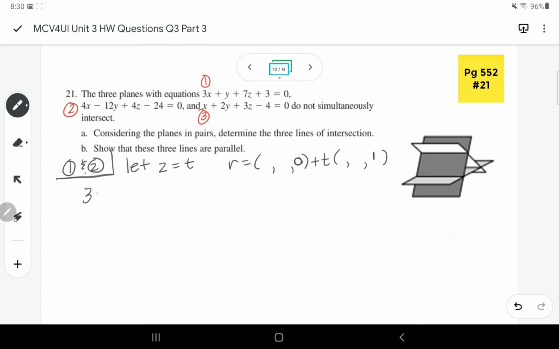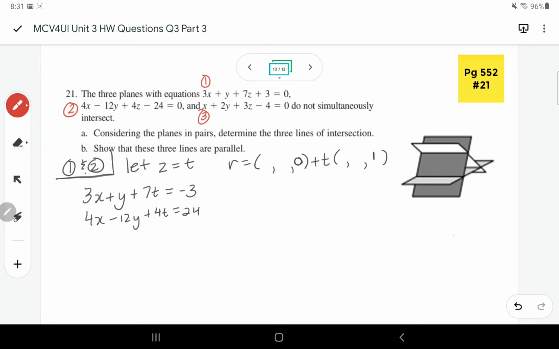So here, the first equation, I have 3x plus y plus 7t equals negative 3, just kind of bringing that over and getting ready for elimination. And the second equation, 4x minus 12y plus 4t equals 24.